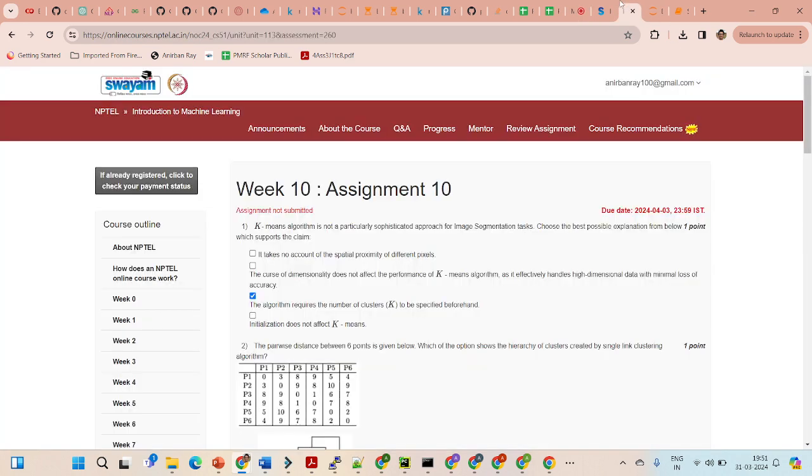This is one of the answers, I think. Which is the correct option? The algorithm requires a number of clusters to be specified beforehand. K-means needs that. But in our question you don't know how many such segments will be there.